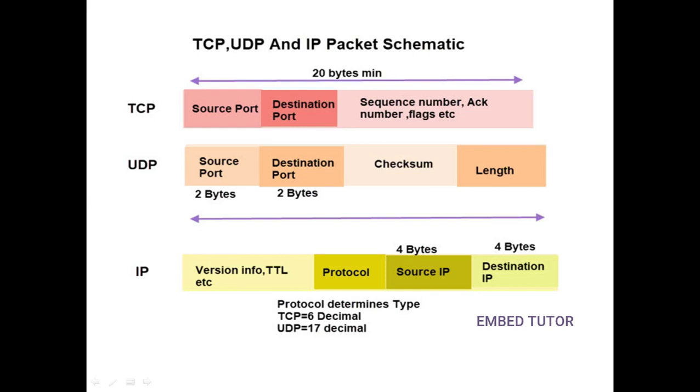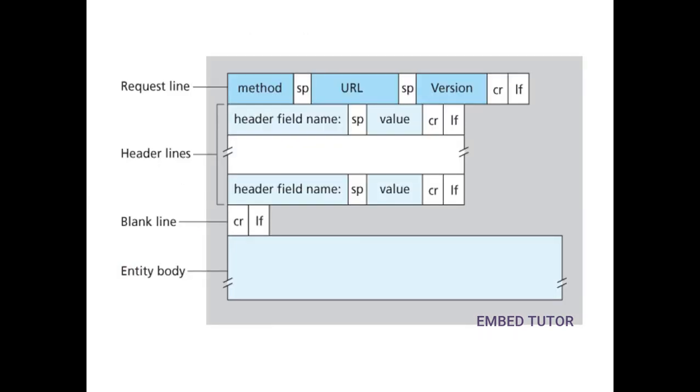So with that, now we move on to the next slide that will give a brief idea about one of the application layer headers, that is the HTTP request and response header. If you look into the HTTP request header, you can see that there is an HTTP method, the URL, the version number, followed by the various header field names and their values.